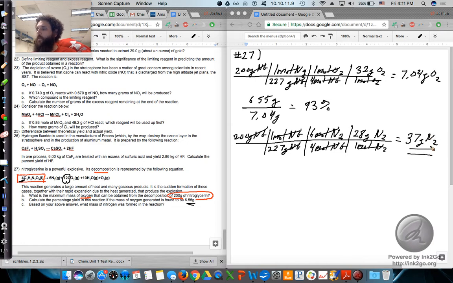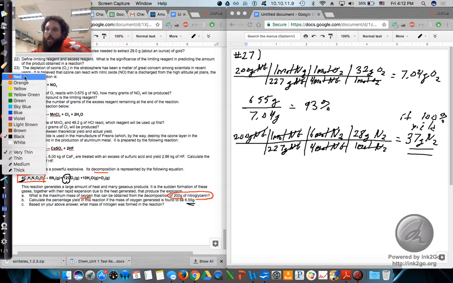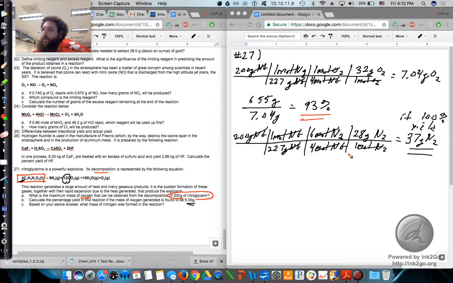Now, ladies and gentlemen, this is a theoretical yield. This is the answer if we had 100% yield, which we do not. And so we need to go through and identify with the 93% yield on this guy.